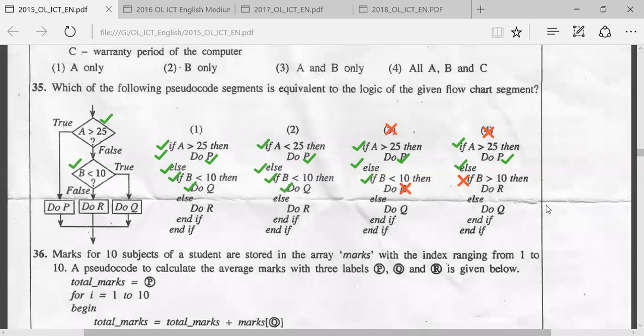So we can eliminate the third answer option. If it is false, do R. So else do R. That is fine. Else do R. That is fine, right?